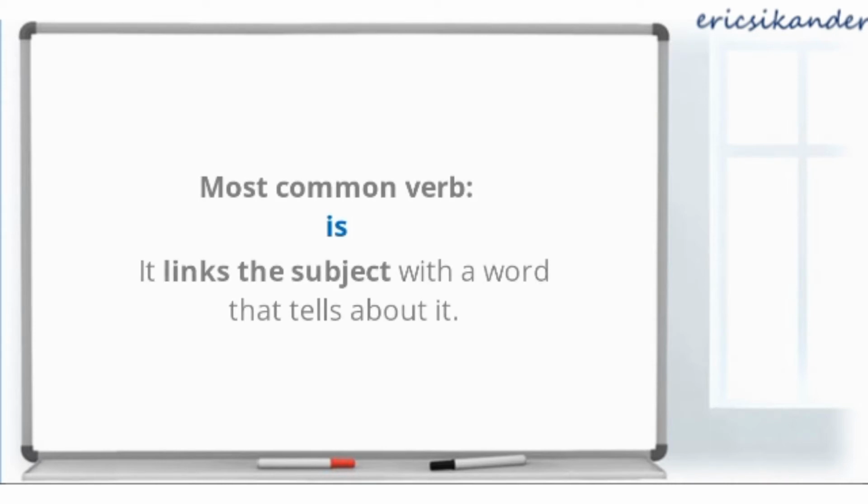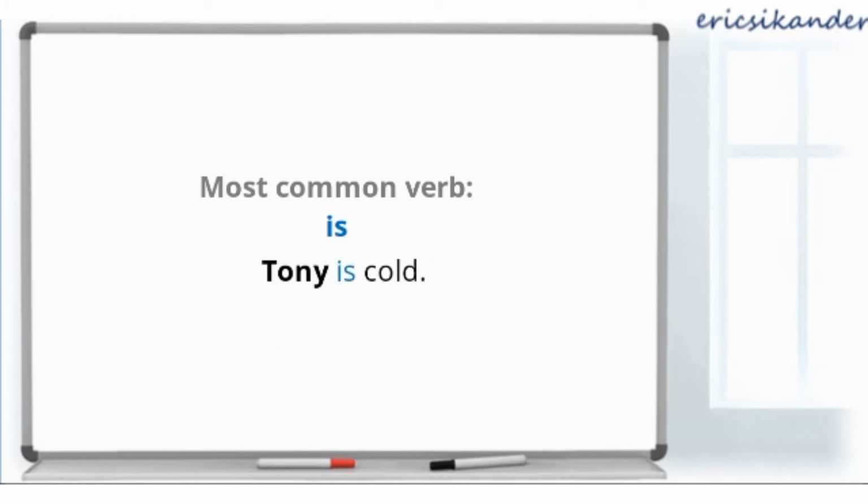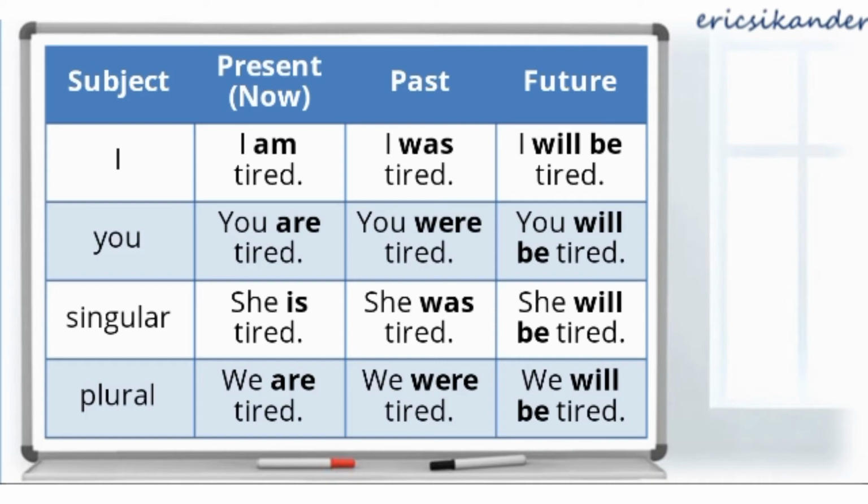But now, I want to tell you about the most common verb, is. The verb is links the subject with a word that tells about it. It's sometimes called a linking verb. You could say, Tony is cold, or Mia is late. This verb is irregular. It's one of the most irregular verbs in English. This table shows the verb form of is.